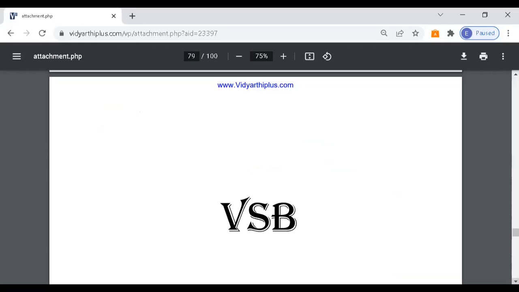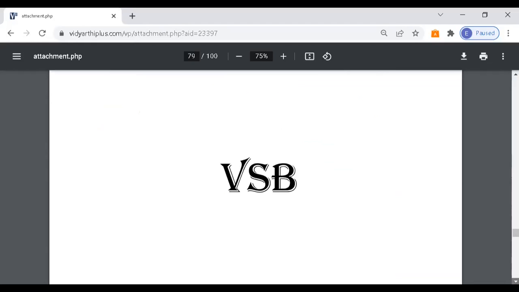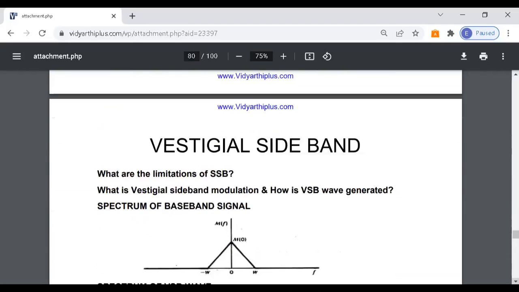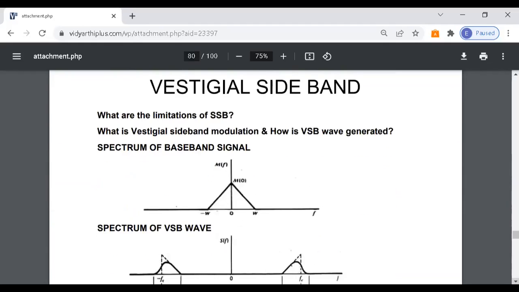This last one in modulation, I really don't want to do it, but I want to go through it just quickly so you are aware. You know the double sideband and you know the single sideband. This is kind of broader: the vestigial sideband.